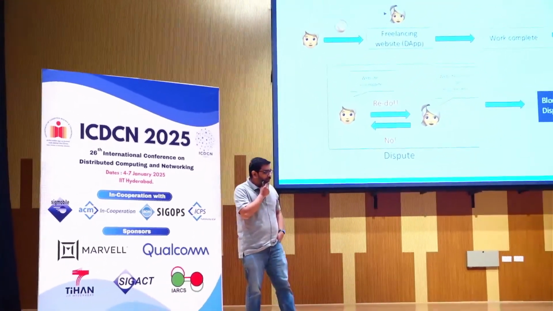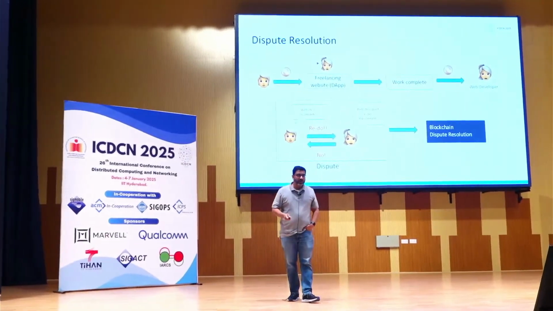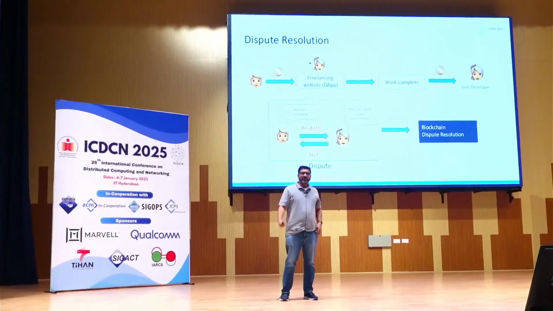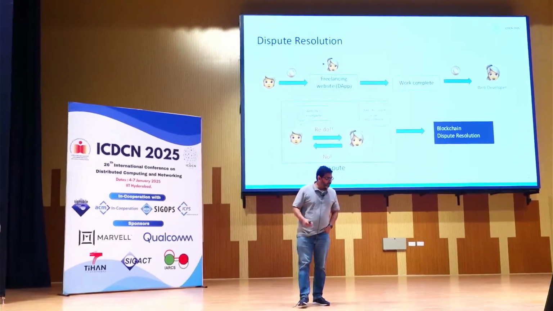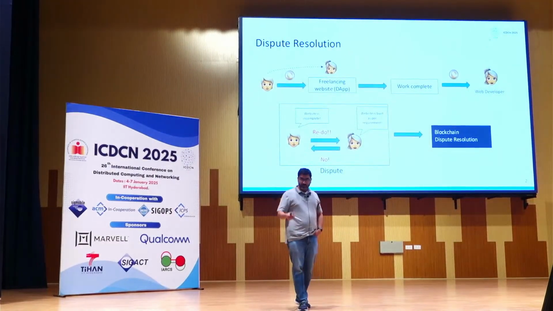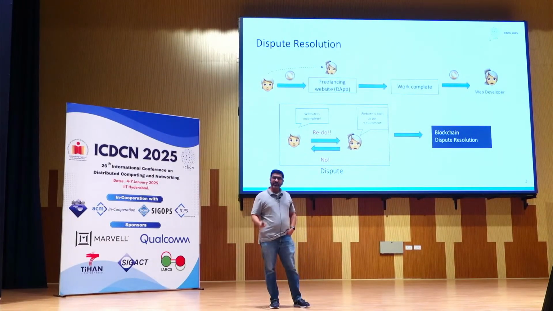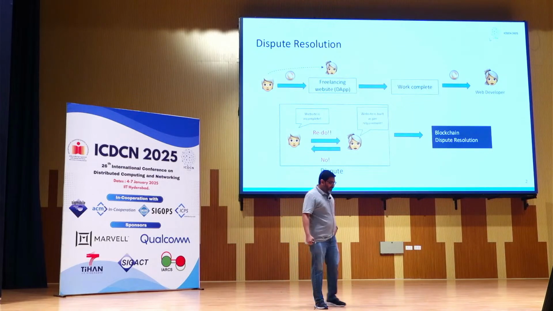Just to motivate the problem, we're talking about a situation where two parties engage in some activity, some work. One of them, let's say, as an example, provides some work to another person in return for some remuneration.